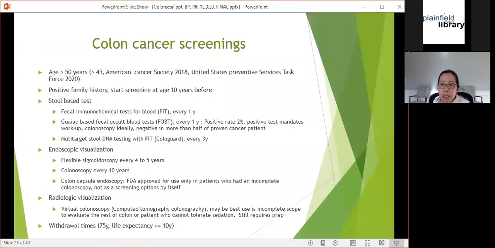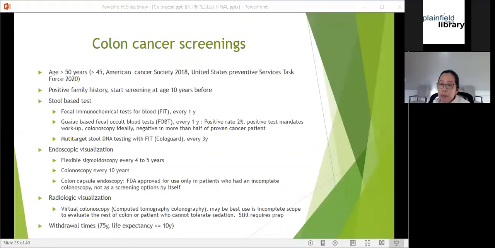The key to early detection is screening, which includes stool-based tests, endoscopic visualization, and radiographic visualization. In the past, age 50 was recommended to start screening tests. However, the American Cancer Society recommended starting screening at age 45 in 2018.